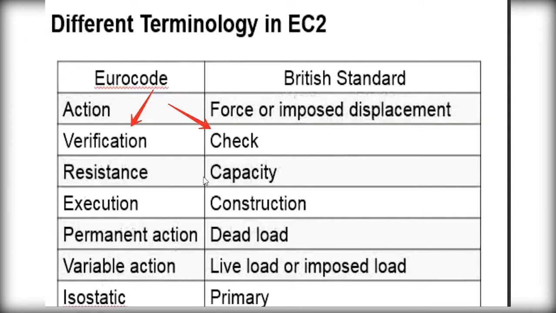The check whether it is successful or not successful. So in Eurocode you use the resistance, while in British standard you use the capacity. Here we use the execution, while in BS you use the construction stage. So here the permanent action, in BS we use as dead load.